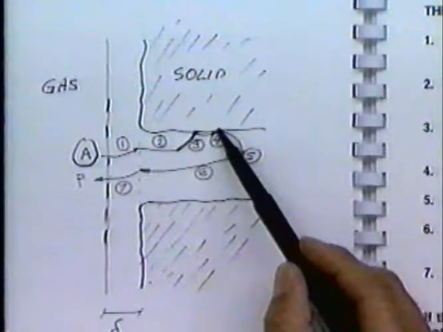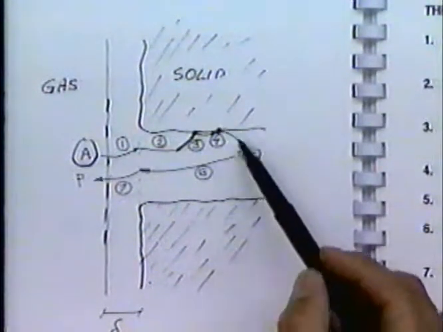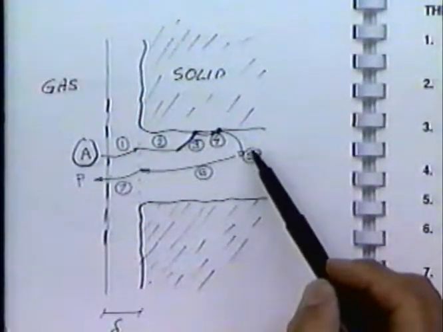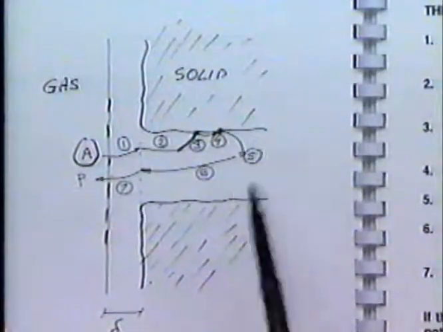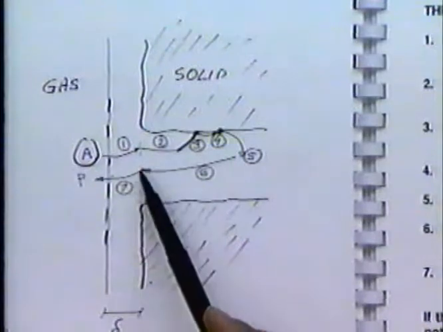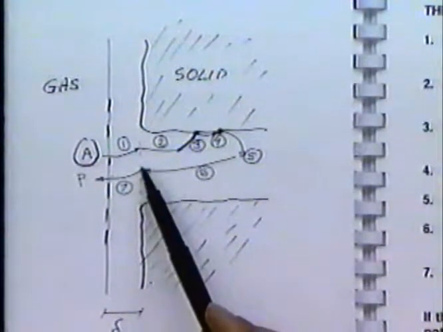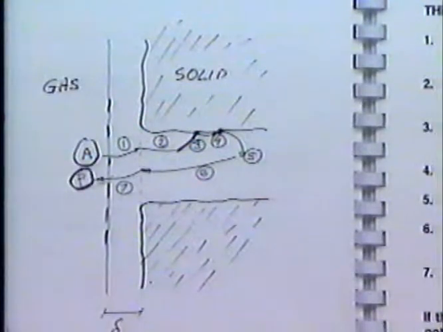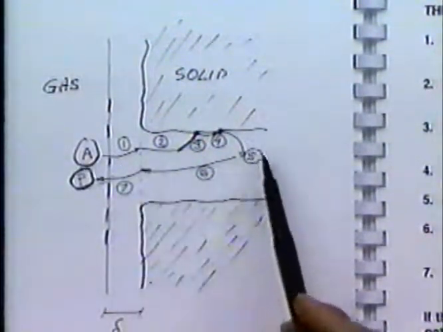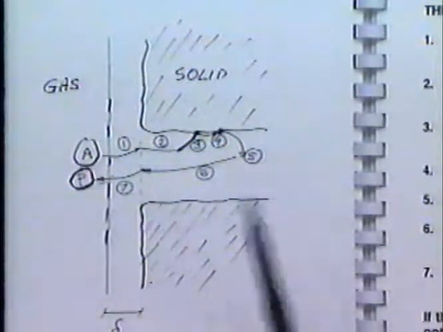And then, once it has reacted, it desorbs to the interior of the pore, and it has to diffuse to the surface of the catalyst and then through the boundary layer into the bulk gas. So all these 7 steps have to occur for the reaction to take place.